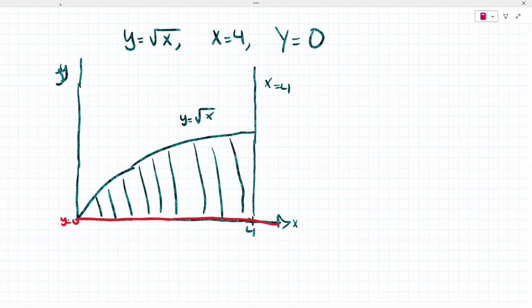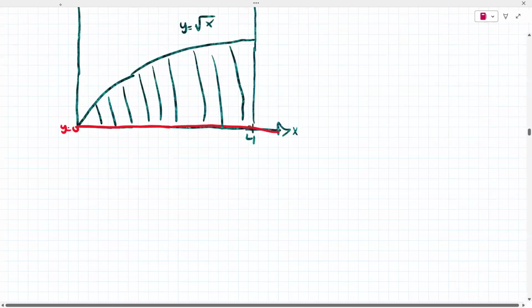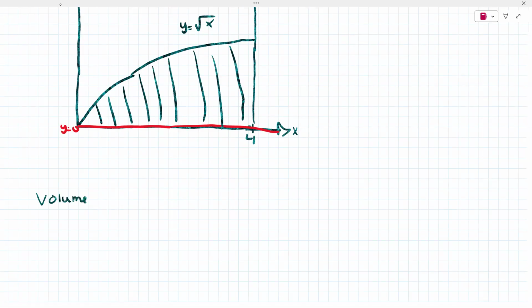Okay, so let's start with a volume using a square. A to B represents the start and end.